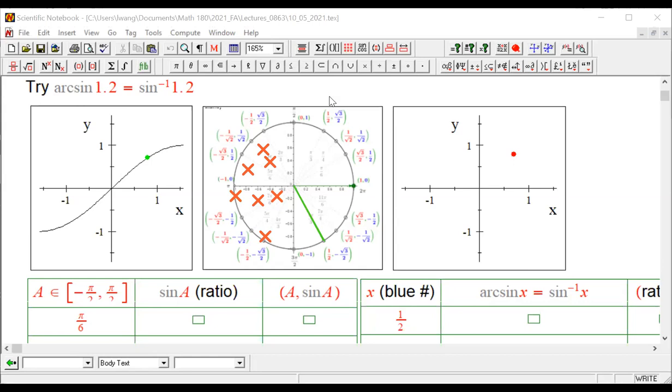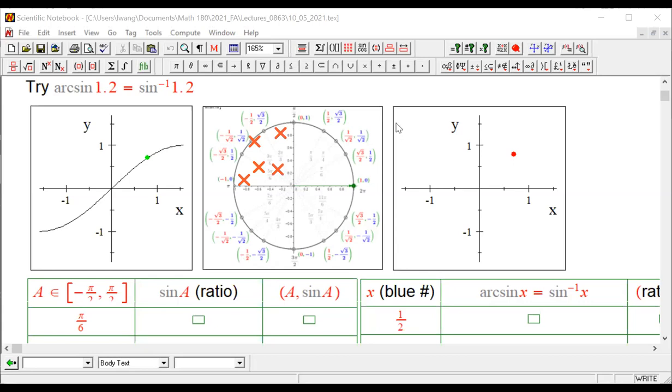Okay, so now let's look at the correspondence for each ratio we are familiar with. For the ratio of 1 over root 2, we have another one. In order to guarantee the one-to-oneness, what do we have to do? We have to get rid of this one.